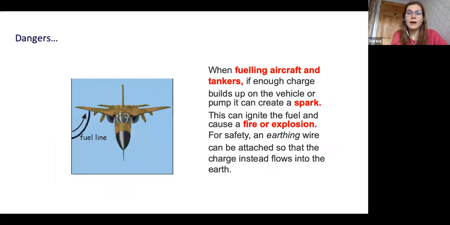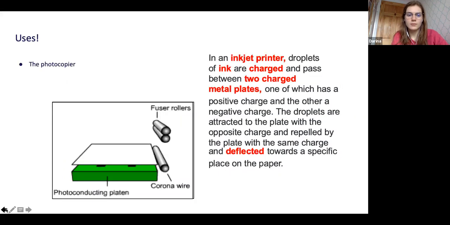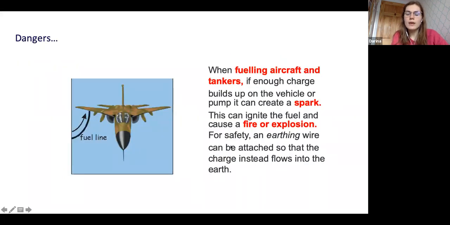Okay. However, there are also some dangers when we think about static electricity. When we are refueling tankers or aircraft, places where we have massive amounts of fuel, we have loads of stuff which is very flammable, right?